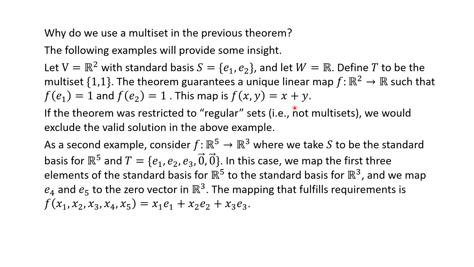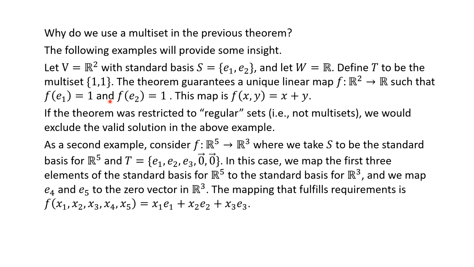So if you put in either one of our elements, just to test this out, if we put in E1 here, then you would have (1, 0), right? That's what E1 is. And then you'd get 1 plus 0, and that would give you 1. And if you have E2, that would just be (0, 1), and you plug that in here and you get 0 plus 1, which again is 1.